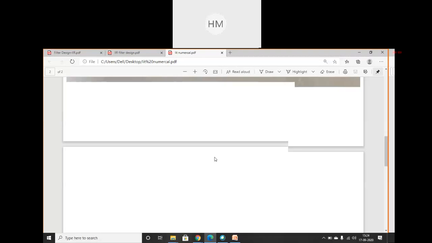Determine H of z using IIT. Assume T is equal to 1 second. Okay, so now what will I do here? Who can suggest? What should we do? Does it resemble any of the equations?